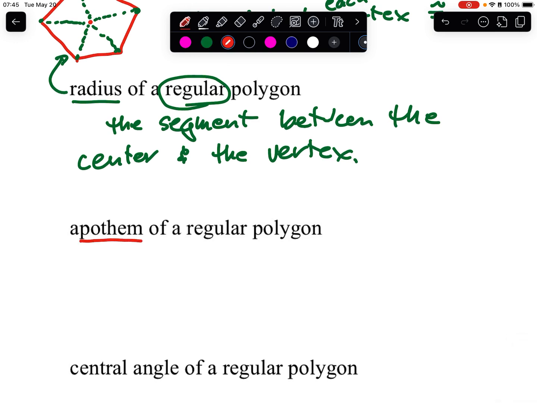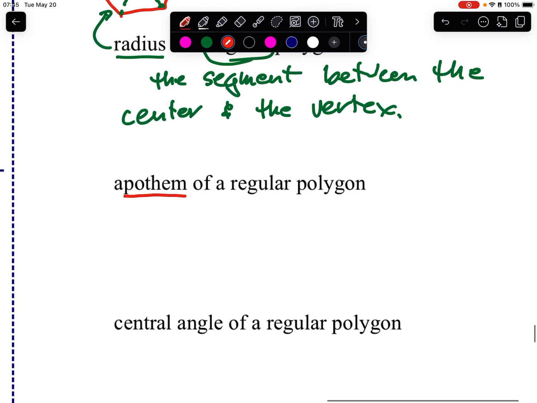What is the apothem of a regular polygon? The apothem is another distance. Let me draw another. This time I'll draw a hexagon. And the apothem is the distance from the center perpendicular to the side. So we can draw many of these distances. They are, in essence, the smallest radius.